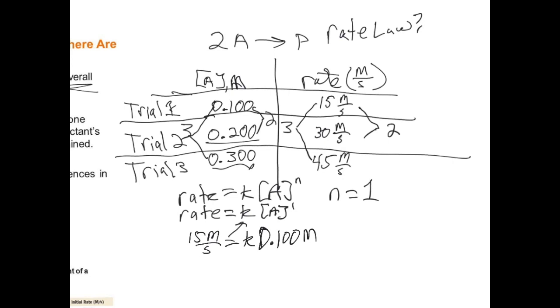I want to know what k is, so I divide both sides, and I get 150 molar per second per molar. Well, the molars cancel out. So in this case, k is 150 reciprocal seconds, s to the minus 1, or I could put 1 over s.